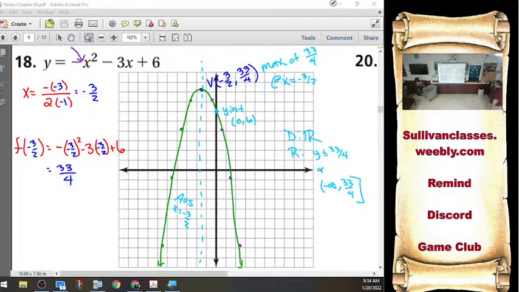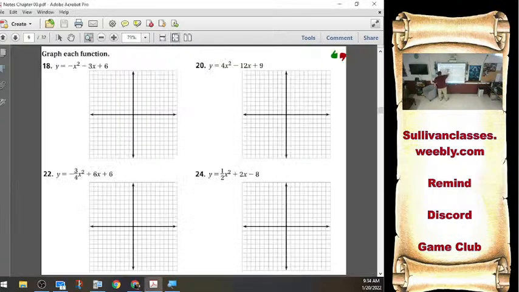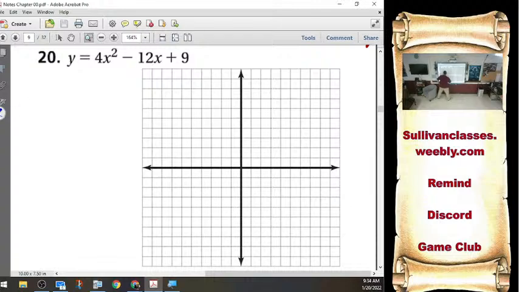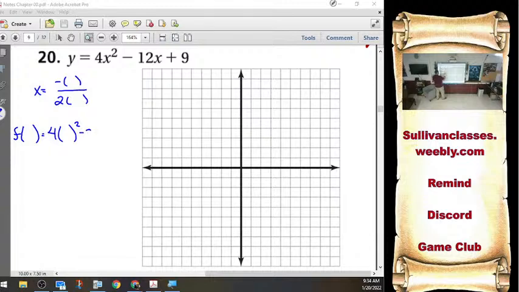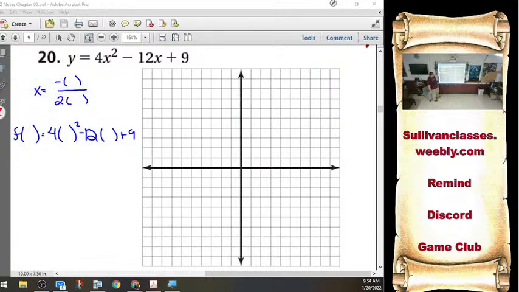Okay. I'm putting the next one up because it looks like most of us are there or finishing. So, negative b over 2a is a positive 12/8, or 3/2 again.